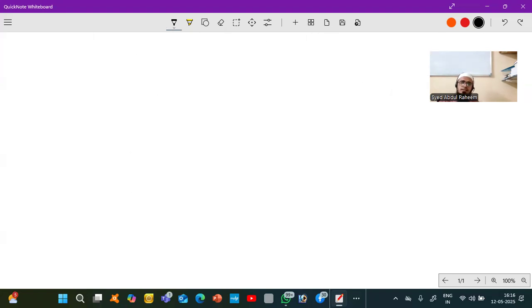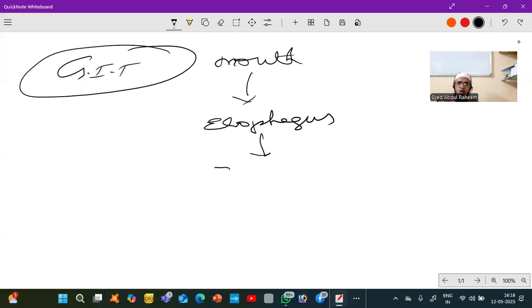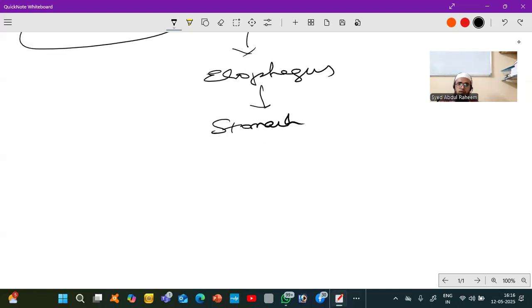So what are the organs present in GIT? It starts with mouth, and we have esophagus, stomach, and then small intestine, large intestine.